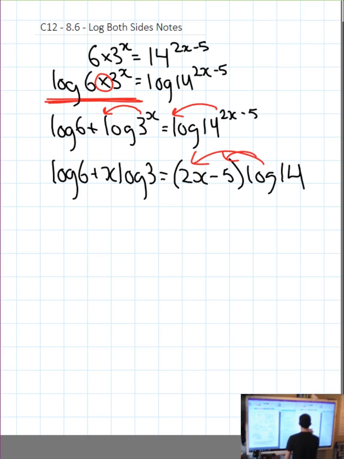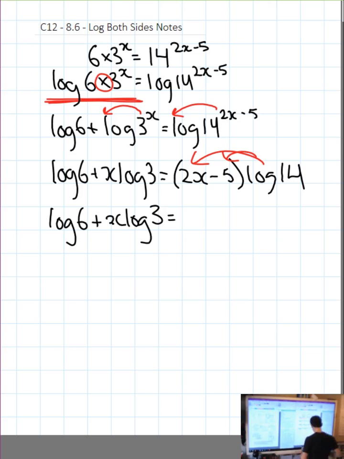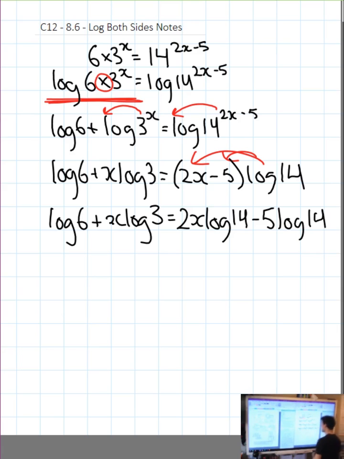So I'm going to leave the left-hand side, log 6 plus x log 3, equals, distribute, so we have 2x log 14 minus 5 log 14. Now I'm going to get everything with x on one side, and everything without x on the other.